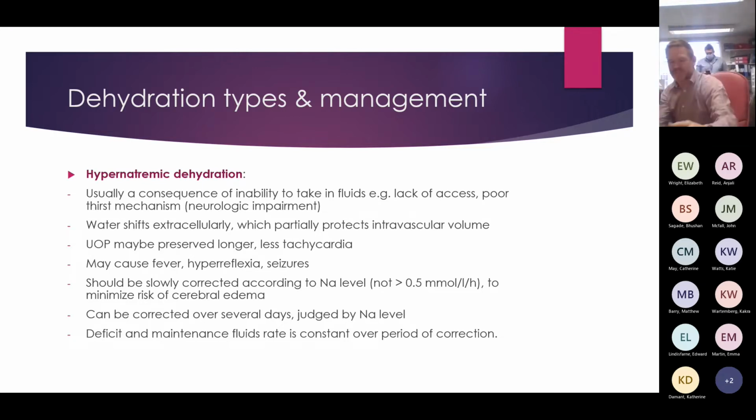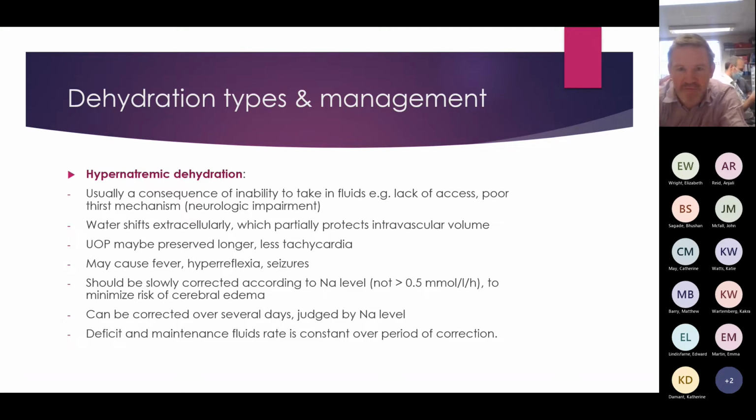So clinically, they won't be exhibiting these signs, and sometimes they do not receive the immediate correct care that they actually need. In other cases, hypernatremia can cause fever, hyperreflexia, and seizures, but these are usually when the sodium levels are very, very high, above 165 or 170.